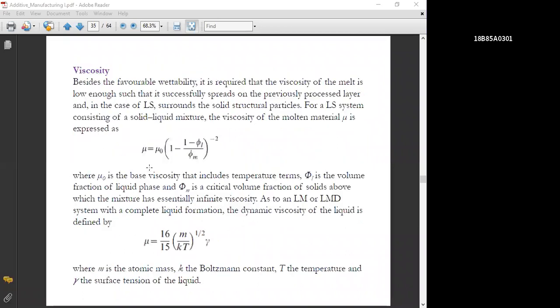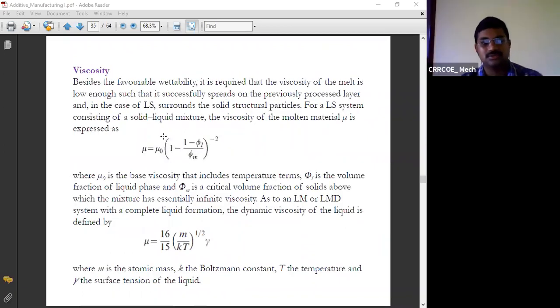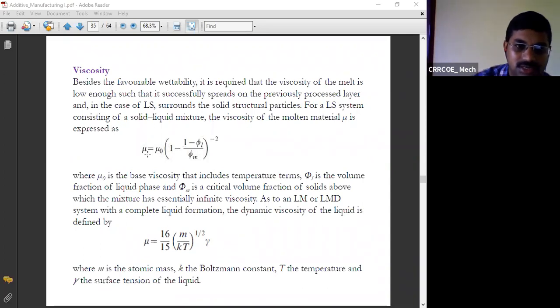Viscosity is the resistance offered by the fluid, in basic definition. For that also they have given this particular mathematical relation. These are the different characteristics of the materials. So mu naught is the unit viscosity that includes temperature terms.